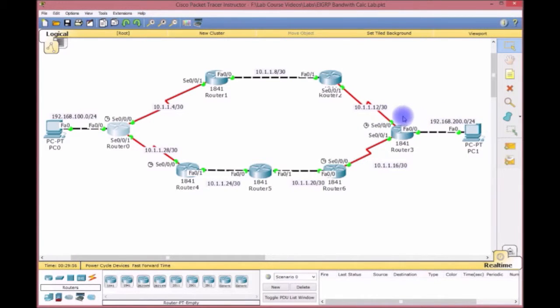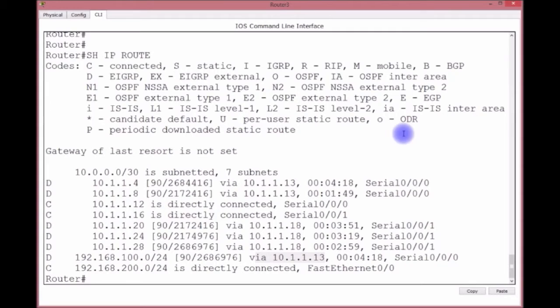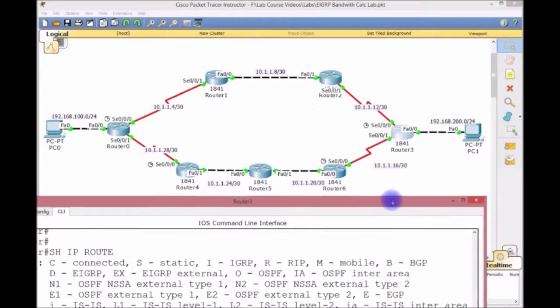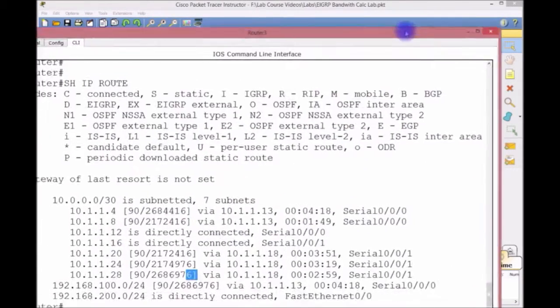Let's turn this into a 64, turn this into a 6 million. All right, and which interfaces are those? 0/0/0 and 1? Yeah, same thing. Okay.